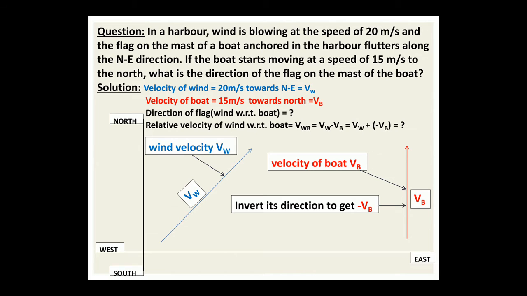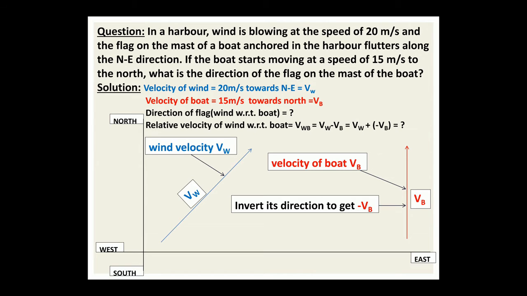As you can see in the above equation, to find VWB we have to add VW with the negative of VB. So we need VW and minus VB, but here we have VW and we don't have minus VB.